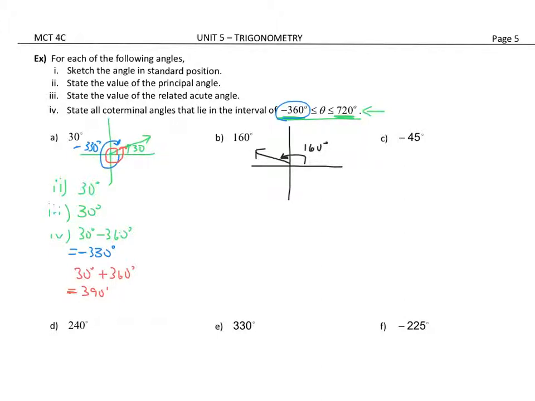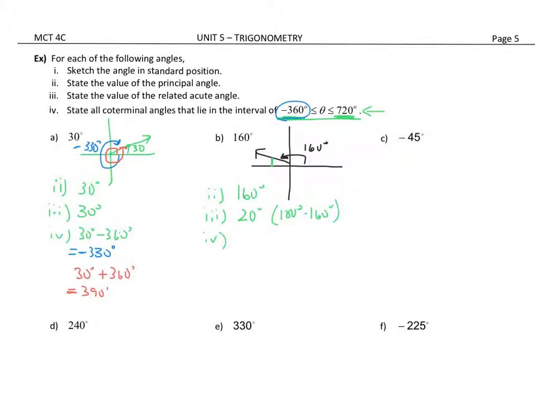That means that my principal angle is 160 degrees. It does lie between 0 and 360. My related acute angle is the angle it makes with the x-axis, so that's 20 degrees off of the 180. My related acute angle is 20 degrees. That's really 180 degrees minus 160 degrees.